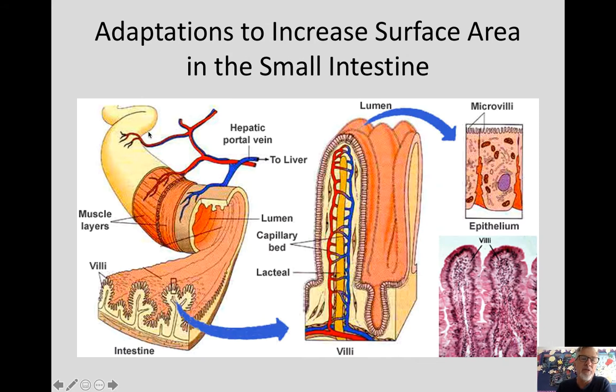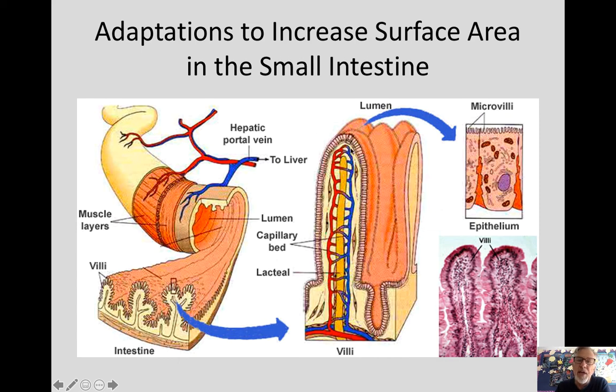Notice that we have the small intestine and it is long, and notice the rolling, ridged hills of the small intestine. Next, notice that the ridges are covered in these finger-like projections, and here's a single villus, the finger-like projection, with several more villi in the background.